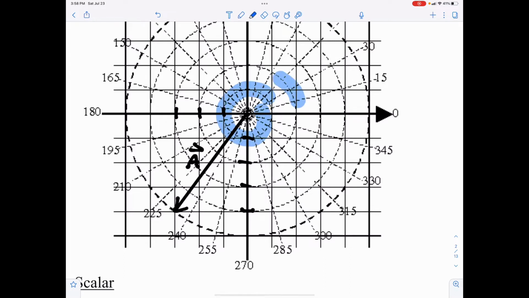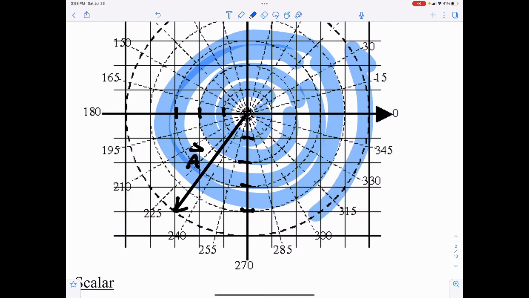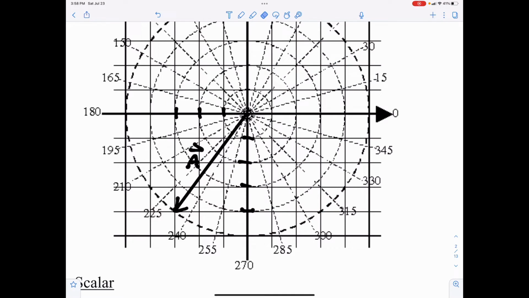Here's the first one, the second one, the third one, fourth one, fifth one, and so forth. So we're going to count them up. 1, 2, 3, 4. And so we have a vector that's pointing that far at that negative 30-degree angle. And so that would be vector C right there.